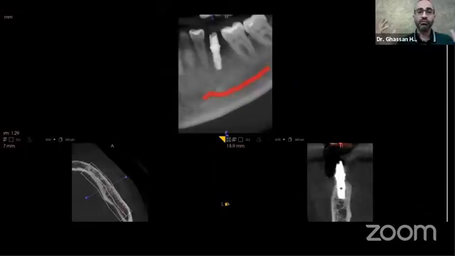So I've changed my idea. The regeneration is not from the PDL, because we have bone regeneration lingually and buccally. If the periodontal ligament were the source of regeneration, it would be just mesially and distally. But now we have regeneration around the implant, buccally and lingually.